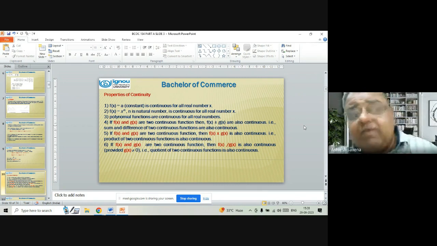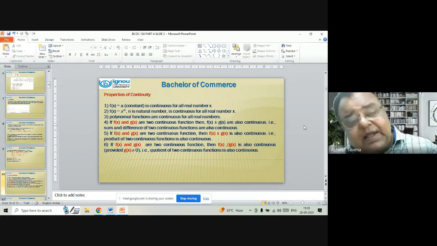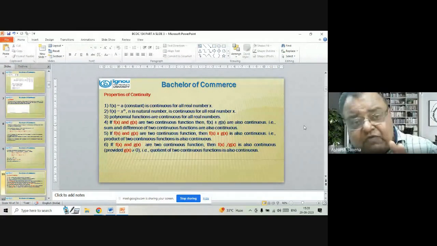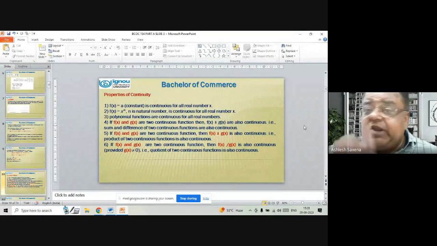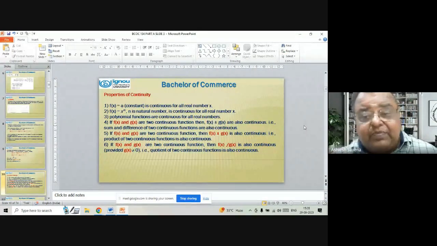Similarly, for multiplication, if two functions are continuous, then their product will be a continuous function. If we have two functions in division form, f(x) by g(x), and these two functions are continuous, their answer will be continuous, provided the denominator is not equal to 0.